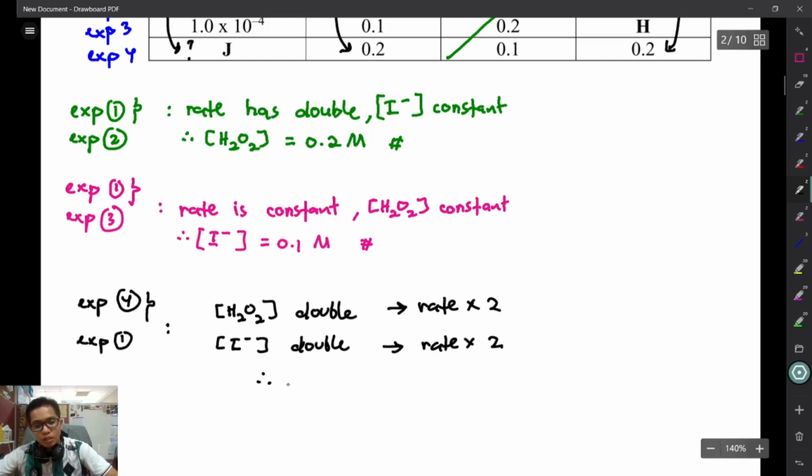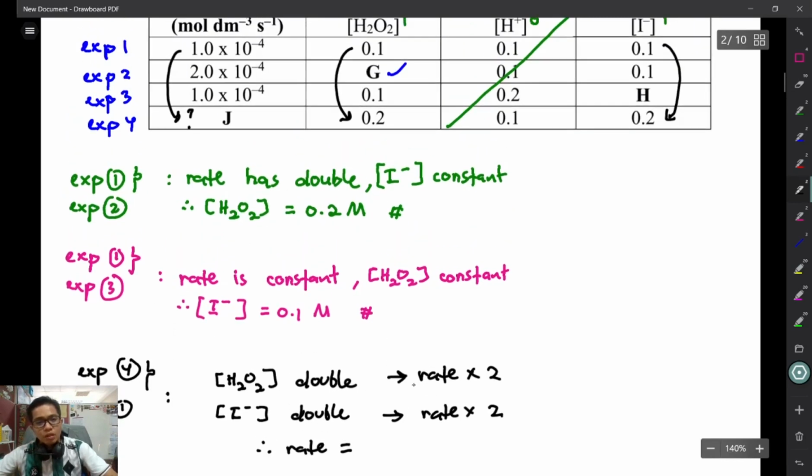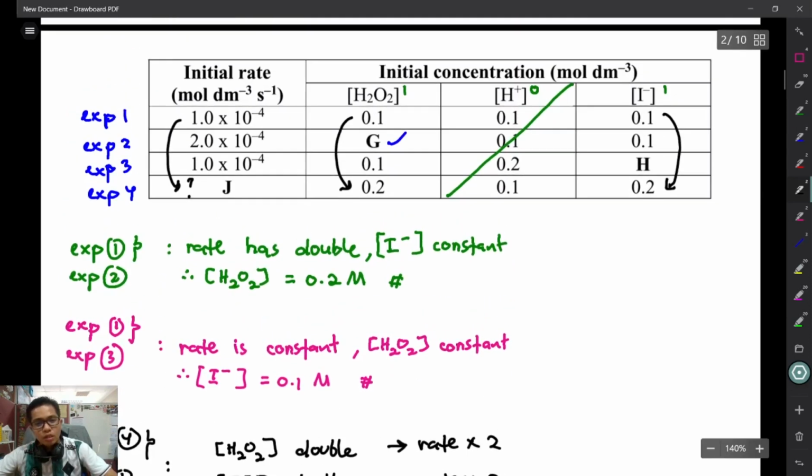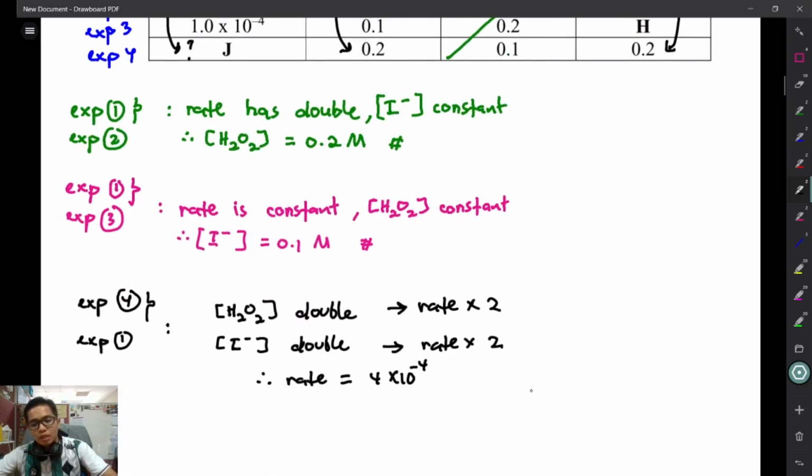So the conclusion: the rate will be 1 exponent negative 4 times 4, which is 4 exponent negative 4 molarity per second.